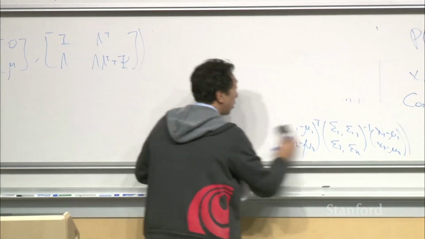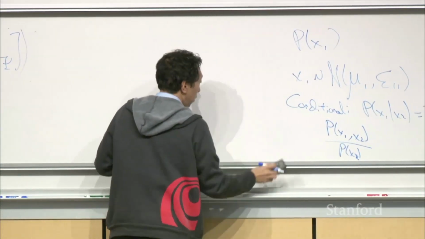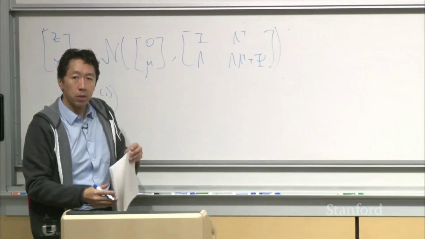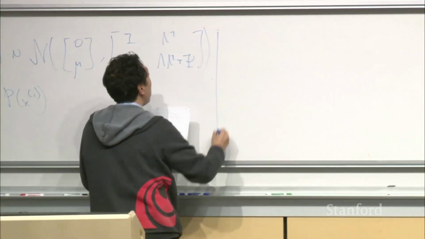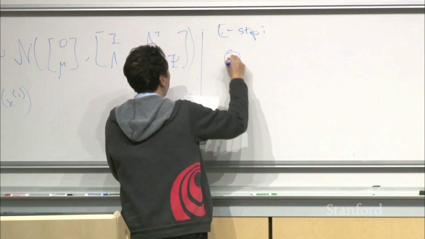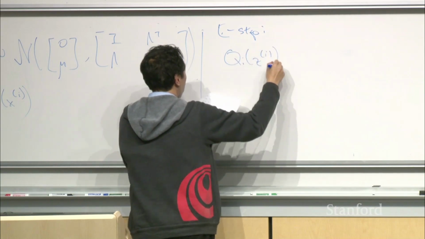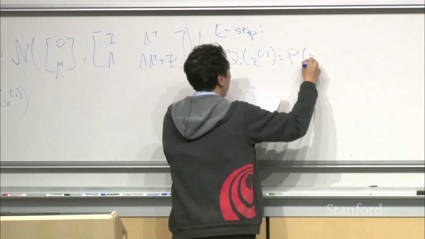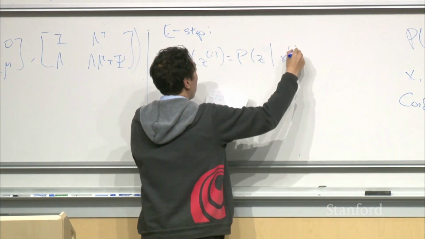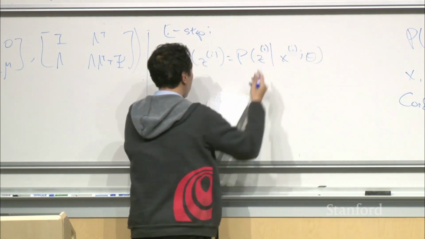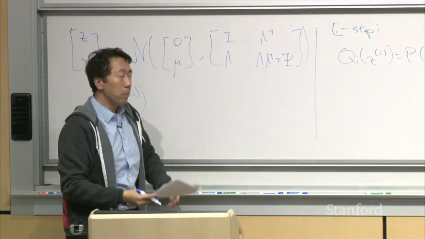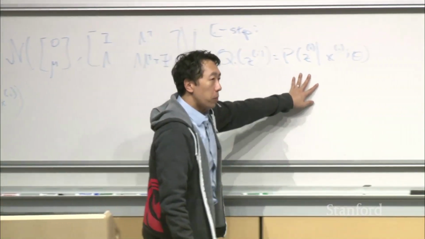So in order to fit the parameters of the model, we're instead going to resort to EM. Let's first derive the E step, in which you need to compute this.